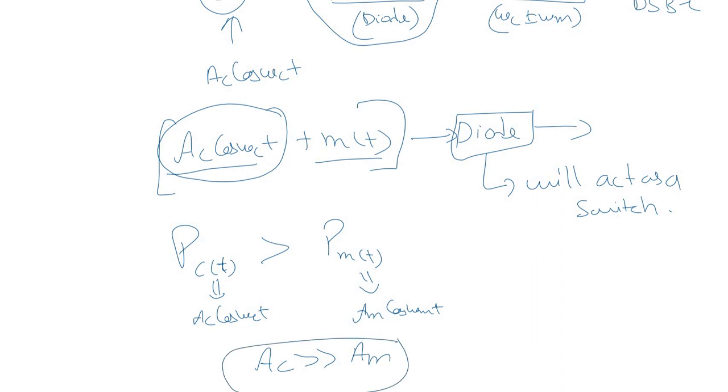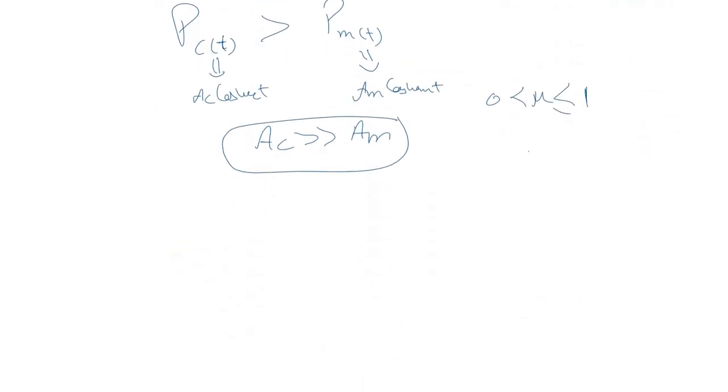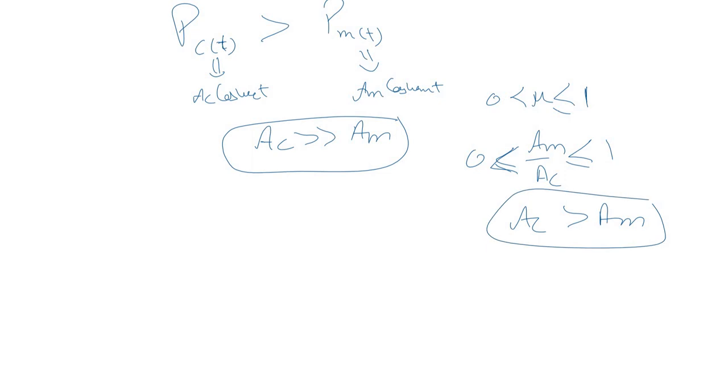The reason we already know: the modulation index mu should lie in the range 0 to 1, and it is equal to Am by Ac. That means Ac will always be greater than Am, right? Since Ac is greater than Am, the power of the carrier, Ac squared by 2, will always be greater than the power of the message, which is Am squared by 2.